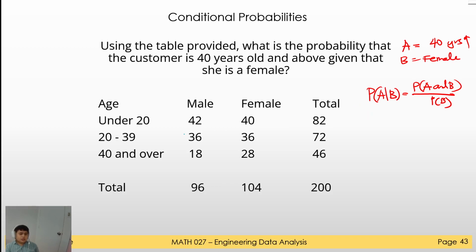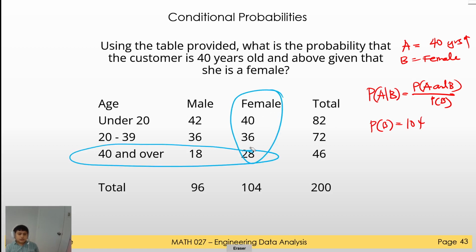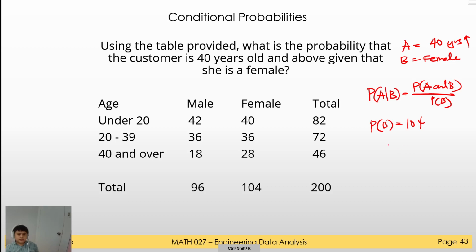So B here will be what? We have the probability that it is female. So the probability of the person being female is 104, which is the total here. So the P of B is 104, and the probability that it is female and 40 and over, so both, is 28.